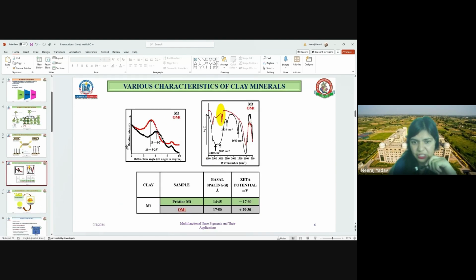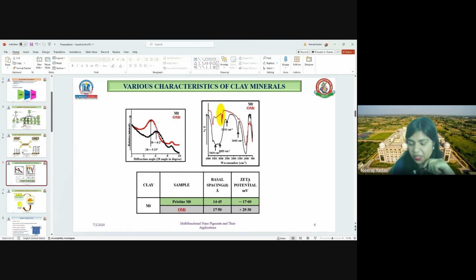After the interaction, what we found is that in the case of the pristine montmorillonite, the basal spacing, which is confirmed from the XRD pattern, is 14.45, and in the case of the organoclay, it increased from 14.45 to 17.50, which again indicates that the cationic surfactant, CPC, cetyl pyridinium chloride, is present in between the layers of the clay minerals.